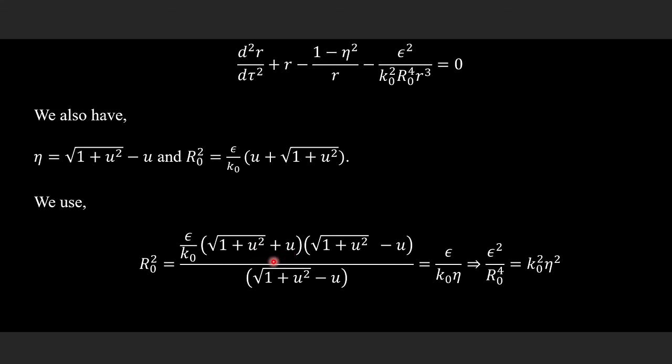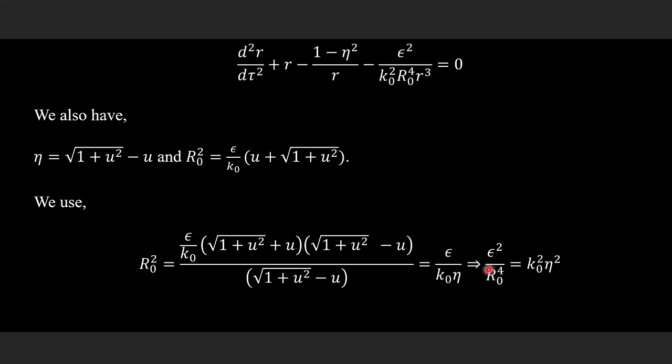So there's a plus u square minus u square here, and so you'll be left with only 1. Okay, so this term remains as it is. All right, please note that this term is basically eta. All right, so we'll get r naught square is equal to epsilon over k naught, that comes from here. This term goes to 1, and this whole term is basically eta.